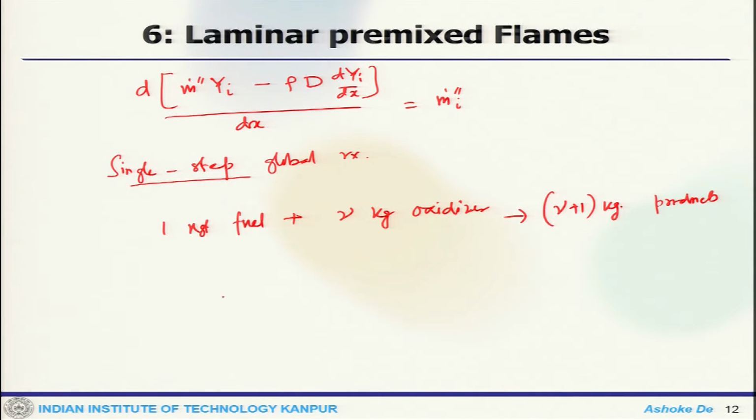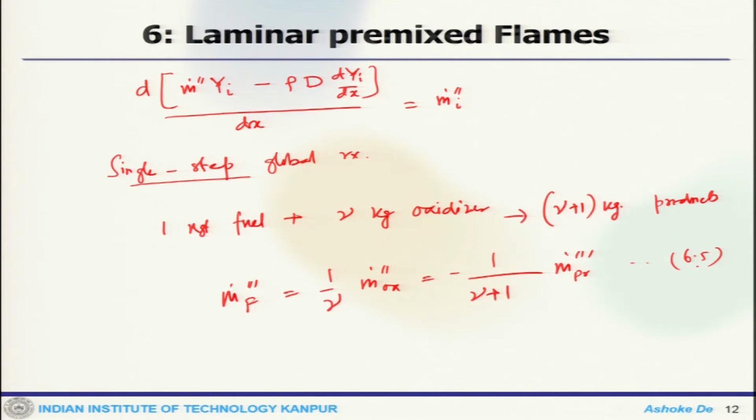Okay. So, I can write m dot f equals 1 by nu m dot oxidizer equals 1 by nu plus 1 m dot product. So, you get the fuel, oxidizer and product mass fluxes equated.